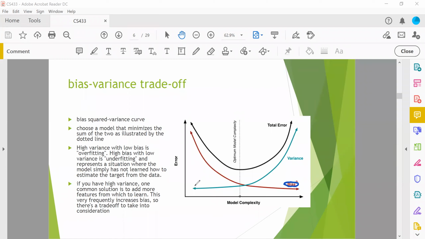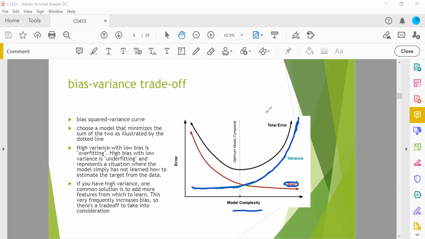The variance is the opposite way. So this is the curve for the variance. The more complex your model is, the higher the variance is going to be. And why?